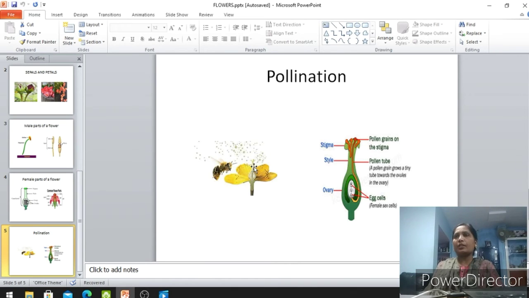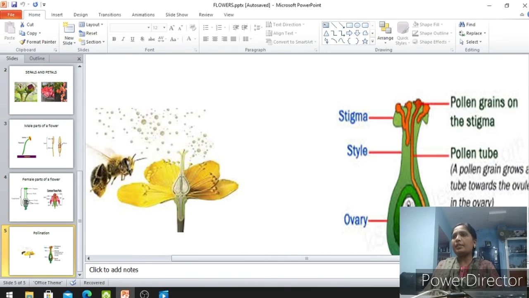So when they sit on the stigma, these pollen grains will fall on the stigma. So the insect is helping the pollination process. Pollination is nothing but transfer of pollen grains from anther to the stigma.